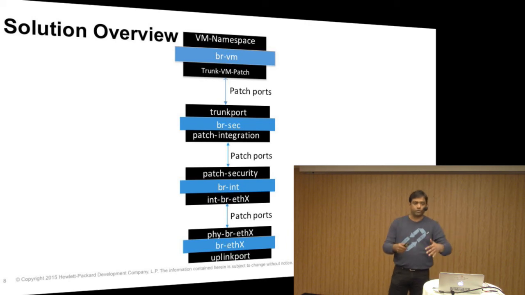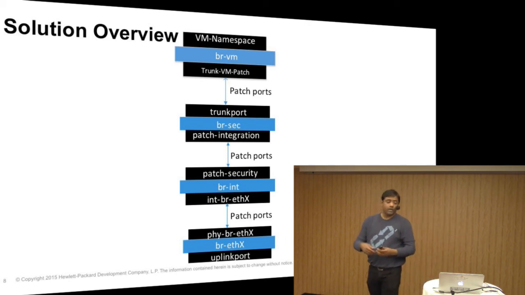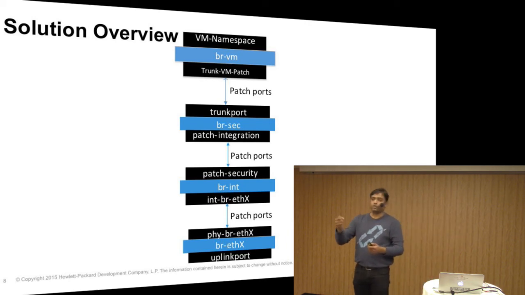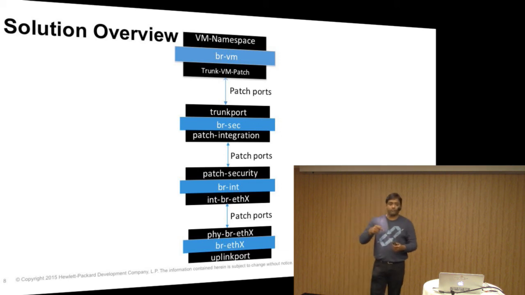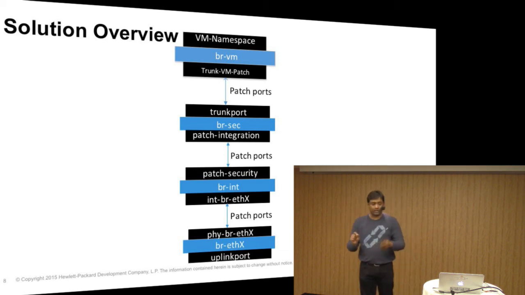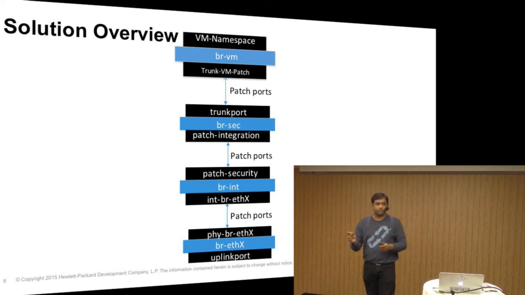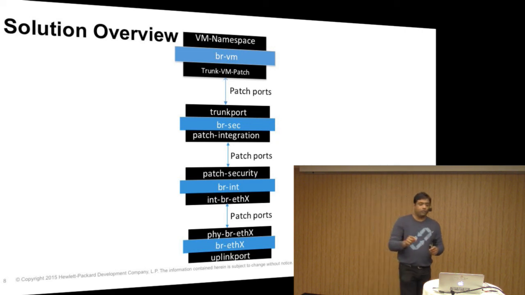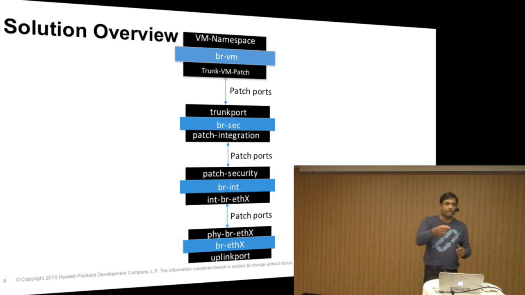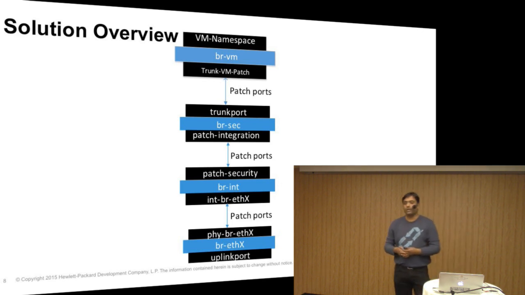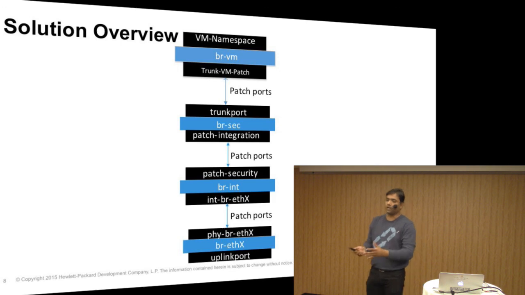That's where the flows are all installed. So when we are connecting the namespace to the BRVM, we are tagging the tap port of the BRVM to the same VLAN ID to which the VM belongs, or the network to which the VM belongs, right? In this way, we are now able to create a namespace and simulate the same environment that an actual VM in an actual scenario would do.